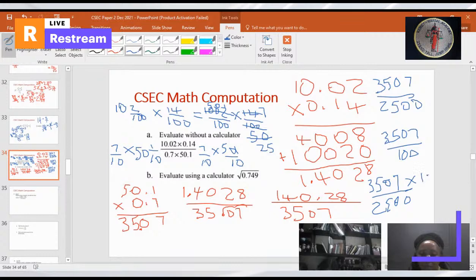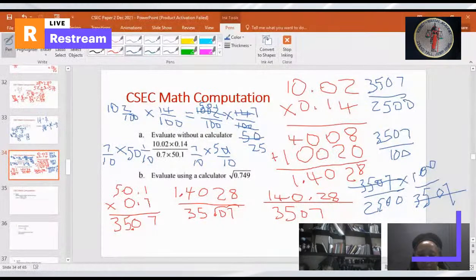So we'll have the 100 at the top and the 3507 at the bottom, which cancels itself out. So we cancel that and cancel out that. We're left with 1 over 25. That's the answer. Let me explain it now, John.